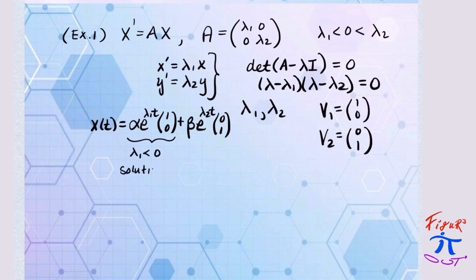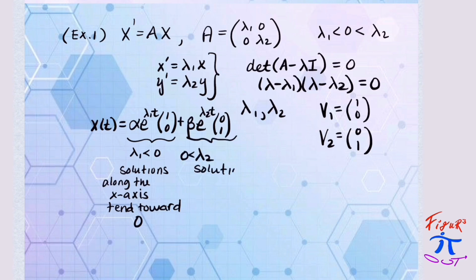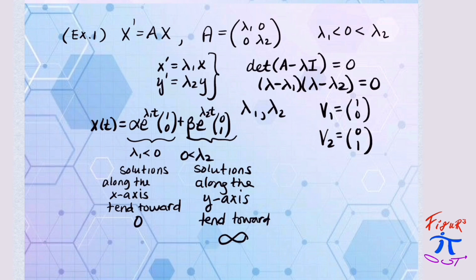Now the one that's along the x-axis is the eigenvalue associated to the negative, and therefore all the solutions along the x-axis will tend towards 0, whereas the positive eigenvalue will give us a solution along the y-axis that will tend towards infinity, because it's a positive eigenvalue.